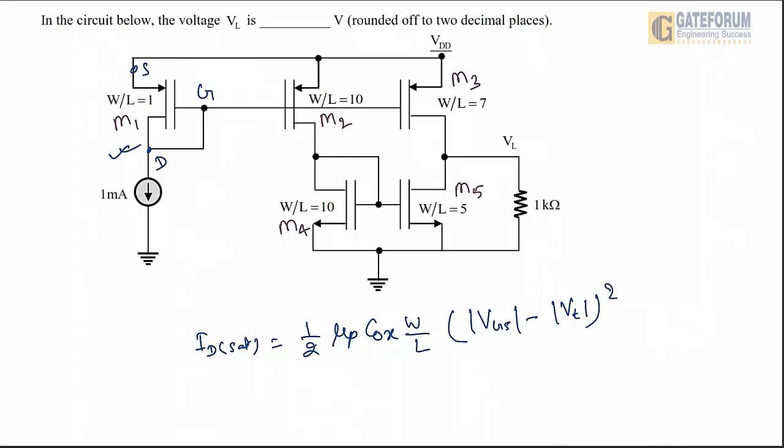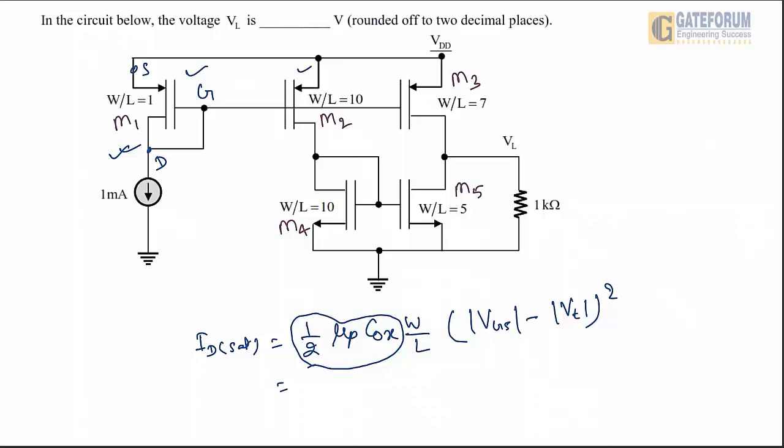This indicates that if the transistors are similar, their 1 by 2 mu P COX value will be the same, and VGS is common for the M1 transistor as well as the M2 transistor.